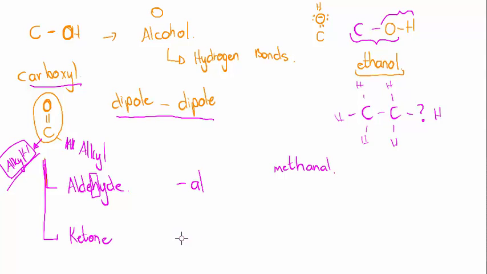So ketone ends on an O-N-E. You can't get a methanone, because it would have H here and H there, one carbon. It would be methanal. The smallest ketone I can get is if I have a carbon here and a carbon there. So the smallest ketone will be propanone.